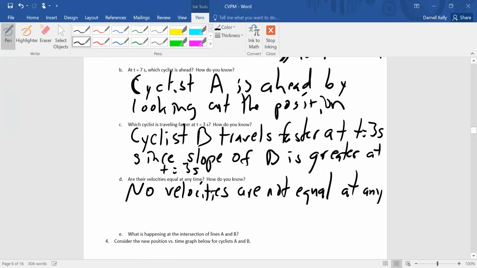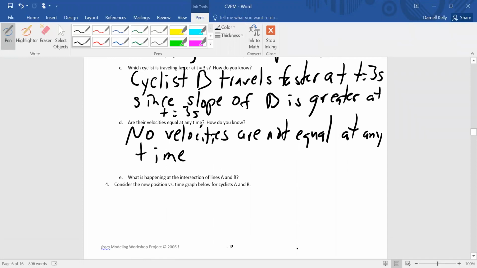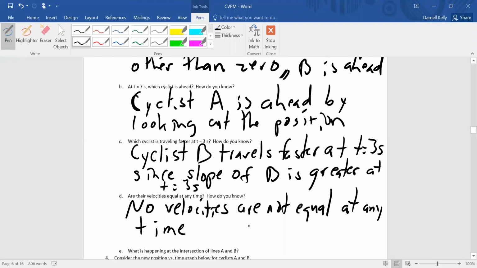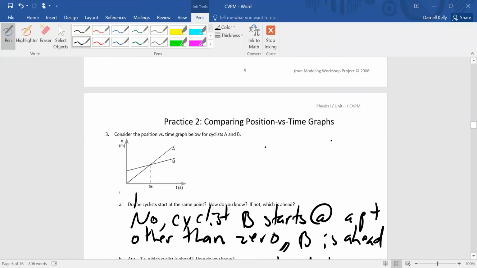Mr. Kelly, yes. What page are you writing on? Page 6. Oh, that's page 5. Well, my page 6 here, whatever. The page that says comparing position versus time graphs. Is that the one we were supposed to do? Yes, that's the one you were supposed to do.